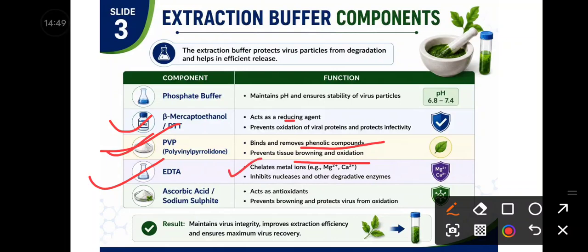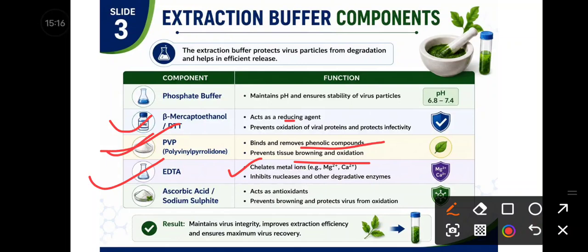It chelates the metal ions and prevents them from getting attached to various enzymes. You know, for activation or proper activity, the enzyme needs a cofactor, and the cofactors are the metal ions only, mostly calcium and magnesium.